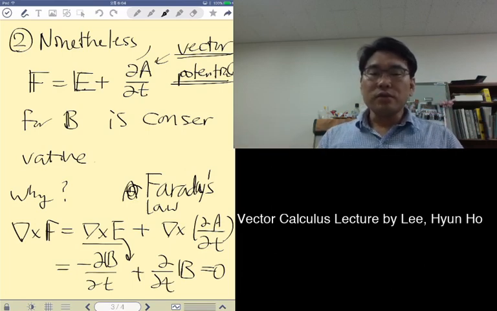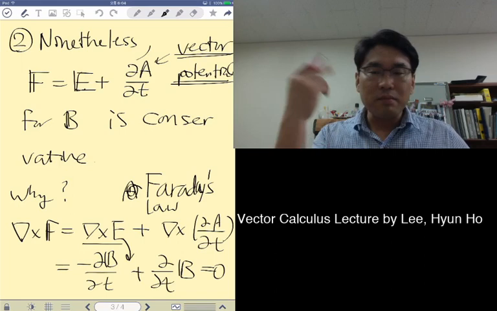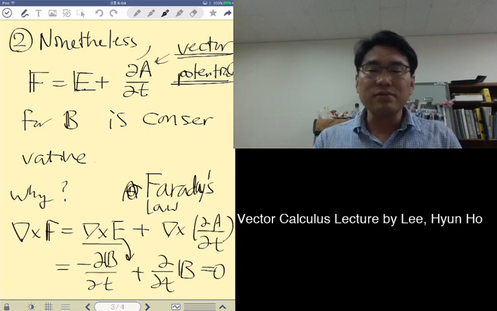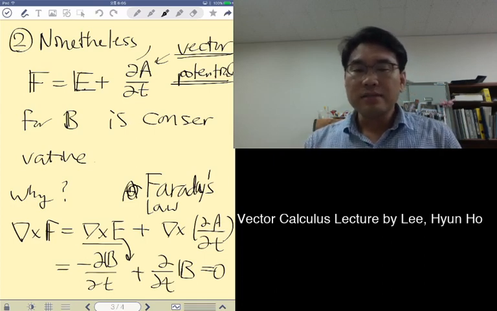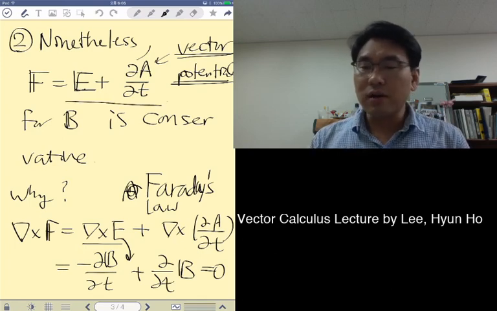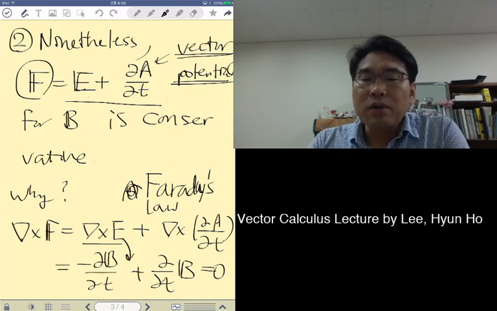Look at that: the induced vector field E plus, you see, the divergence of B. If you remember the non-magnetic monopole case, the divergence of B is 0, which means that B has a vector potential, let's say vector potential A. Then if you combine the induced electric field plus the time change of the vector potential, both being vector fields, let's say F equals E plus partial A partial t.